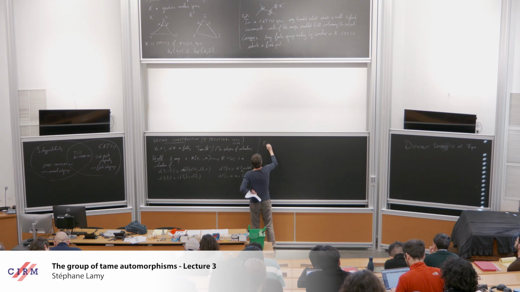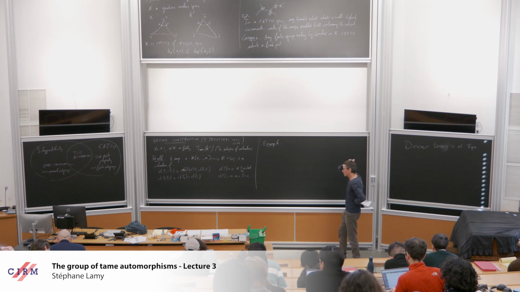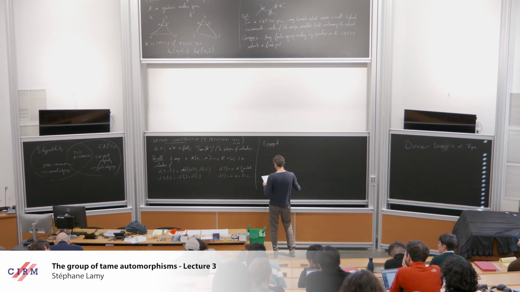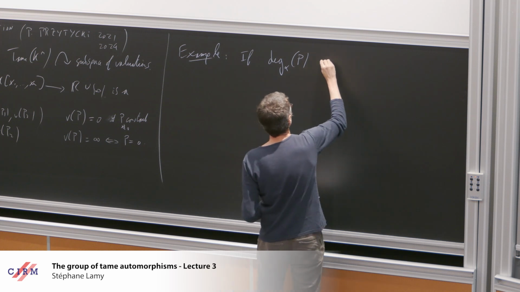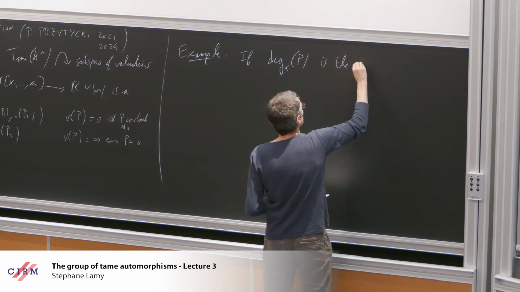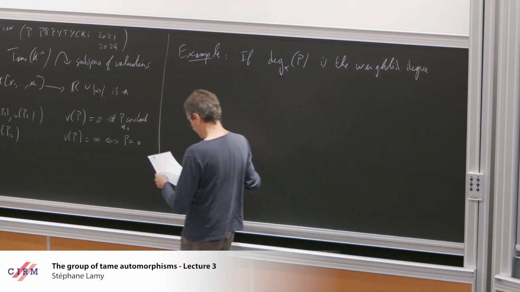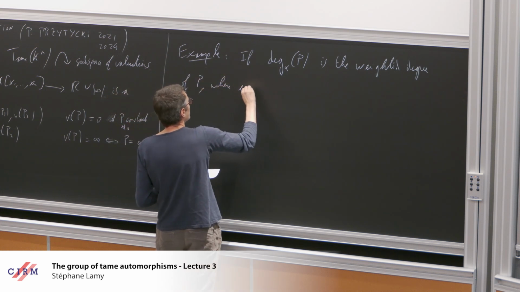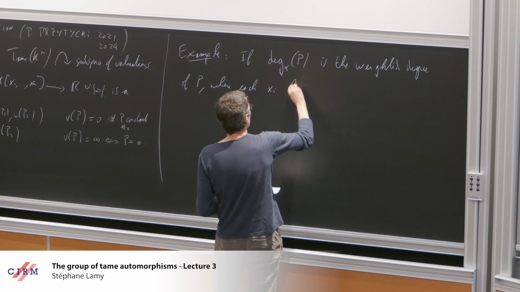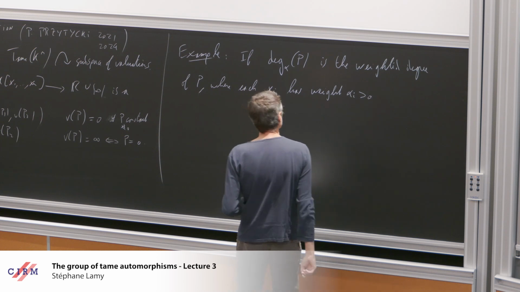First, we start with a weighted degree, the degree with weight alpha of P, where each variable xi has a weight alpha i, say a positive real number.